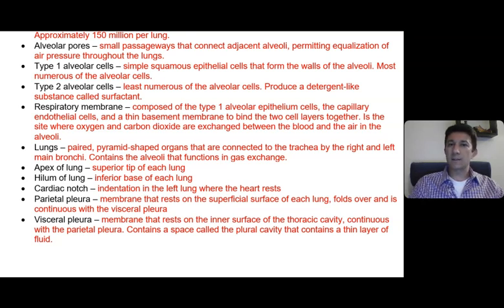And the reason why that's important is because when our thoracic cavity expands as we inhale, it's important that the lungs expand with the thoracic cavity so that they can fill with air. So that increase in volume creates a pressure change inside of the lungs that drives fresh air into the lungs.